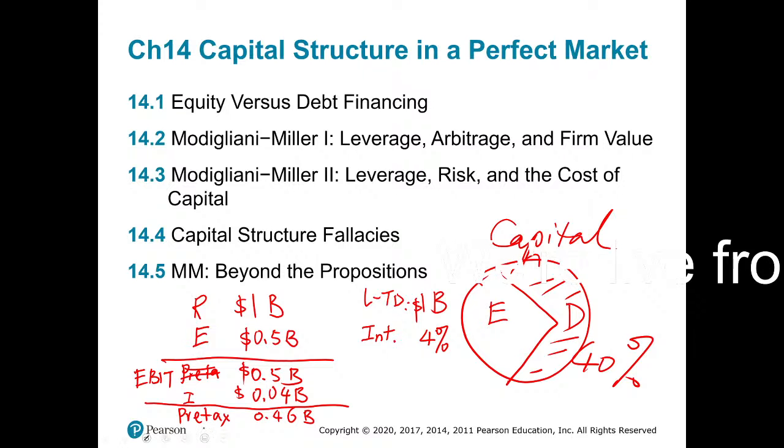And then you have the tax rate, 21%, and you get to the net income. So you see that interest serves as some kind of tax shield, reducing your tax bill.